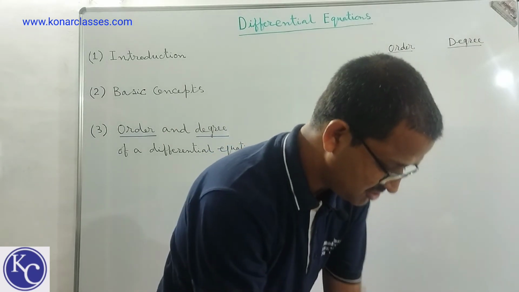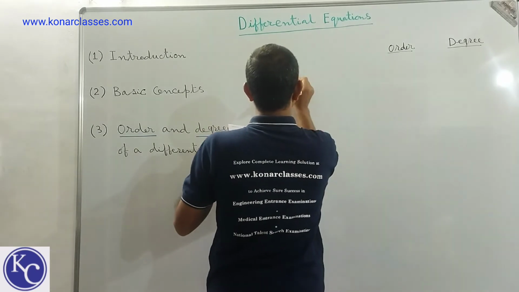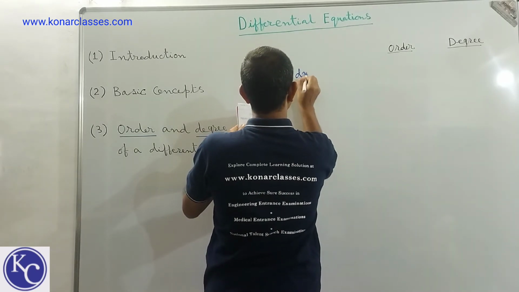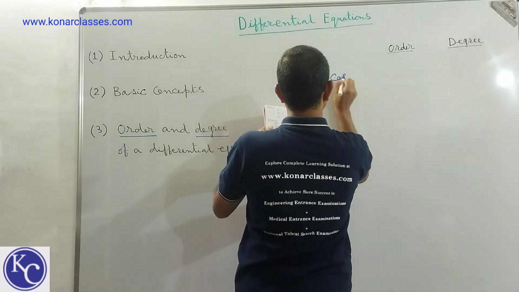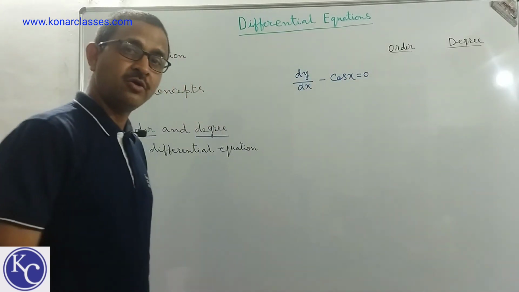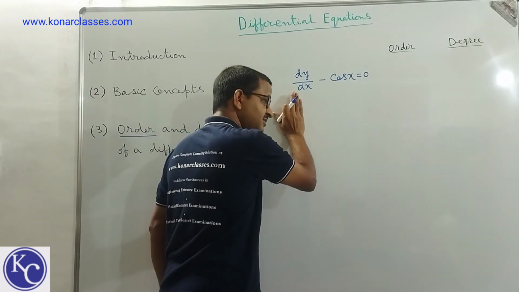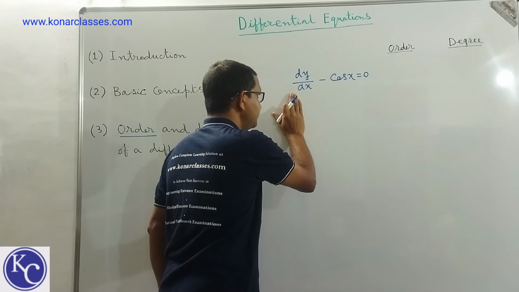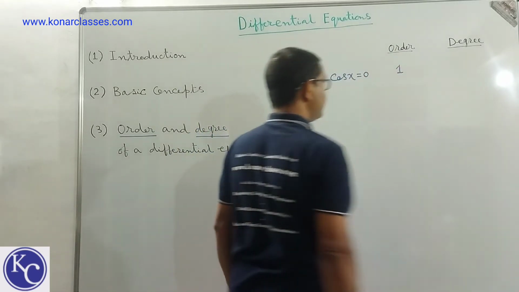The first equation, dear students, I am writing is dy/dx minus cos x equal to 0. What is the order of this differential equation? Order is obviously 1, because the first order derivative occurred in this equation. What is the degree?